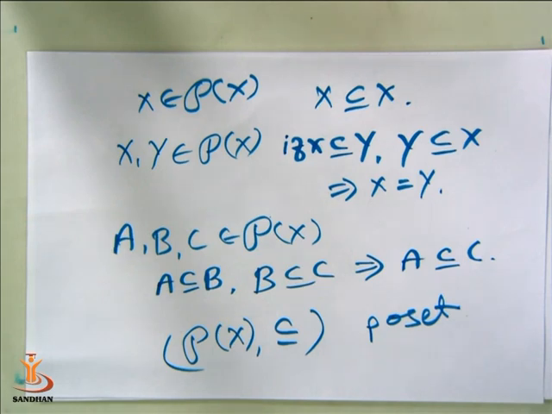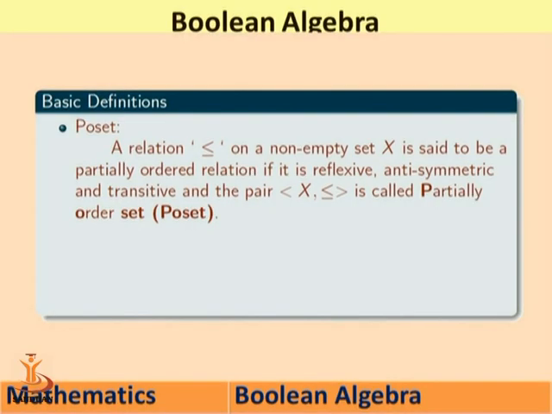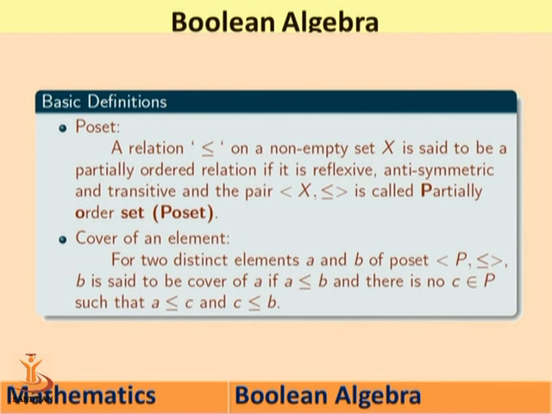Now let us see the next definition on the PPT, that is cover of an element. Here we need a poset P with less than or equals to. For any two distinct elements A and B, B is said to be a cover of A if A is less than or equals to B, and there is no C in set P such that A is less than or equals to C and C is less than or equals to B. Please keep in mind that here less than or equals to is not the usual less than or equals to.